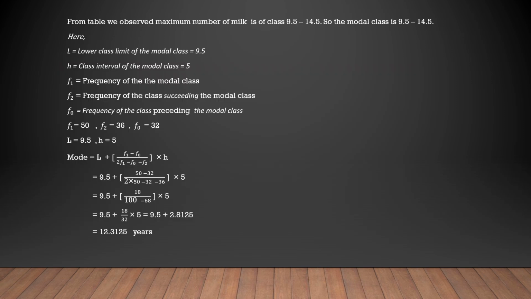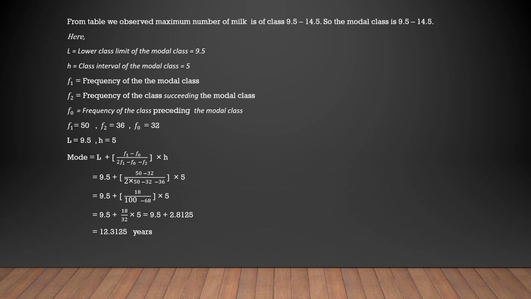So here all the values are: f1 is 50, f2 is 36, f0 is 32, L is equal to 9.5 and h is equal to 5. The formula to find mode is equal to L plus, in bracket, f1 minus f0 divided by 2f1 minus f0 minus f2, into h.